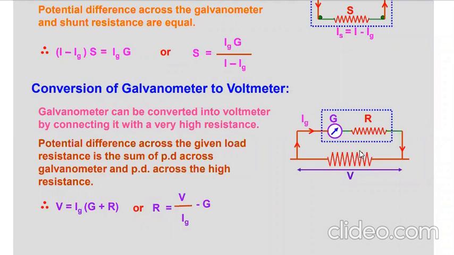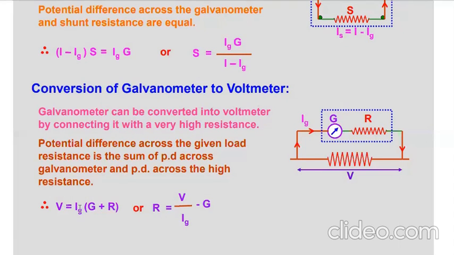The potential difference across the given load is equal to the sum of the potential across the galvanometer and the potential difference across the high resistance. As these two are connected in series, the potential across this combination is the sum of the potential across the galvanometer and across the high resistance.